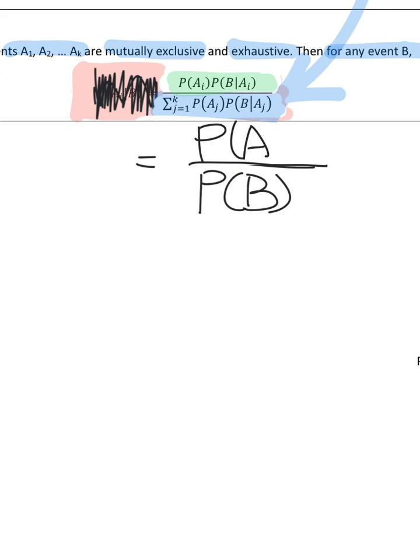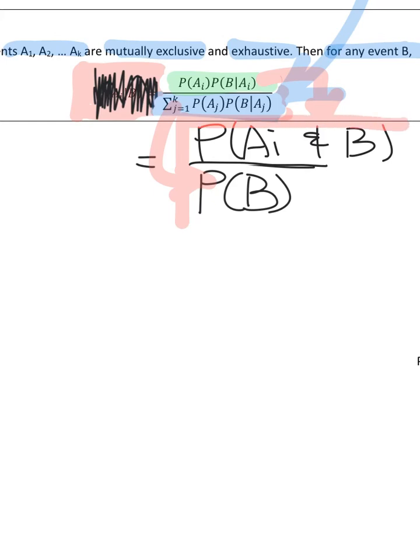The index might sometimes be j, k, l, m, and so on. Let me copy the A_i because we had many A's; actually we had k A's and B. So far so good? What did I do? From here to here, by the general multiplication rule. From here to here, by the rule of total probability.